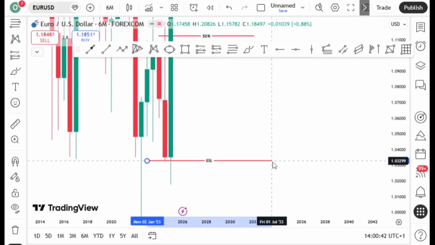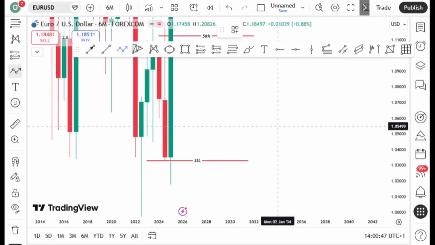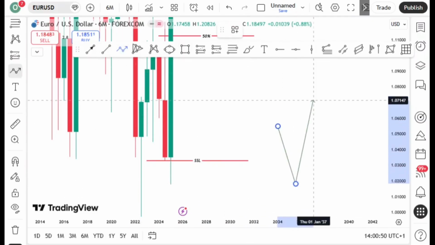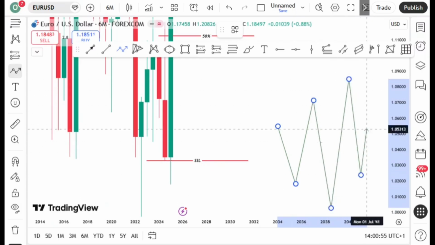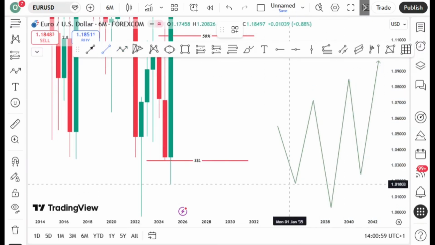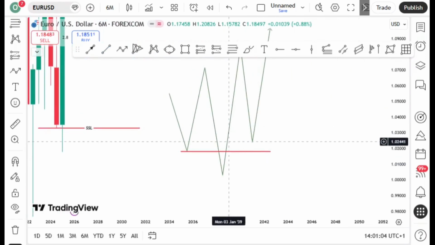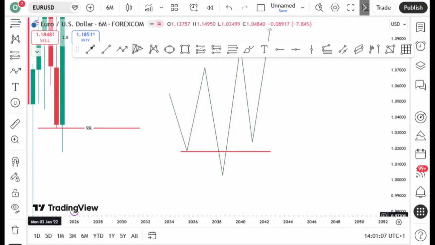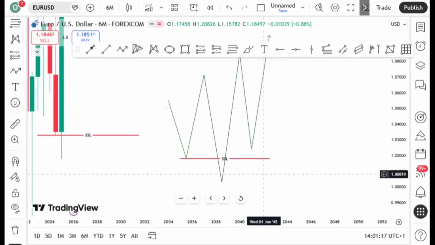So this is sell side liquidity. Now, how do we know this is sell side liquidity? If you look at what I'm drawing, we had this and we had this down to the top side. So automatically, in this zone, market makers took out the buyers who are actually in this market and drove price higher.